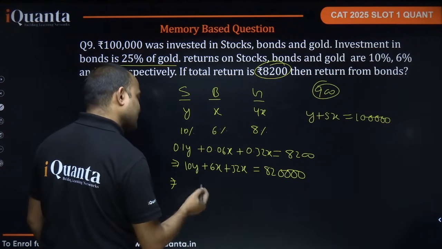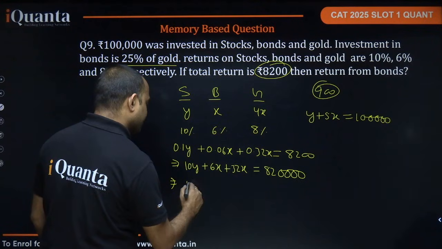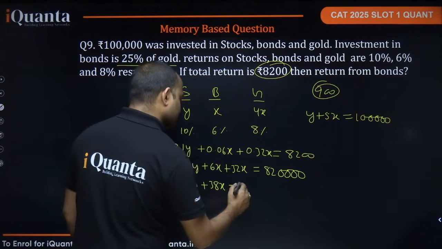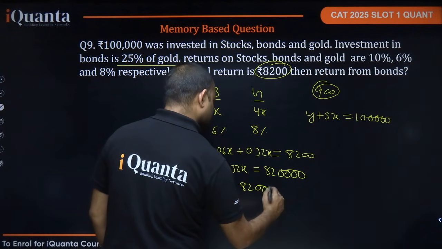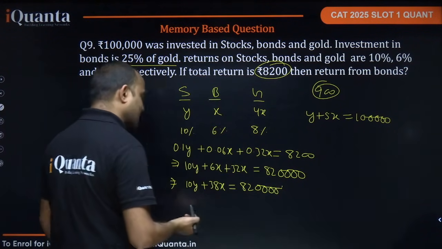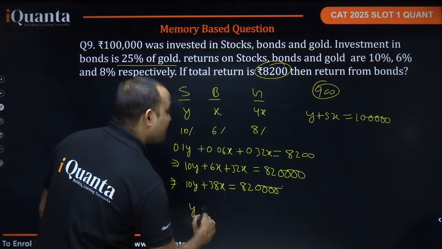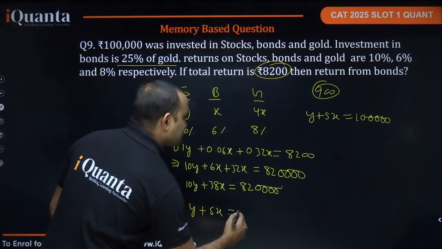If we simplify this, this will become 10y plus 38x is equal to this value. Although during the exam I was able to solve this in a much easier way, but here there is some issue. y plus 5x is equal to 1 lakh.